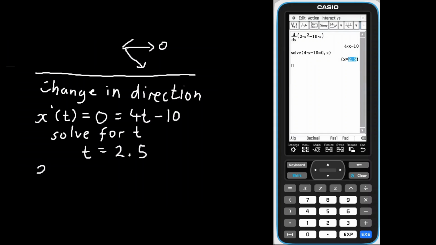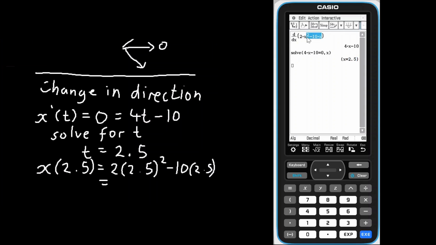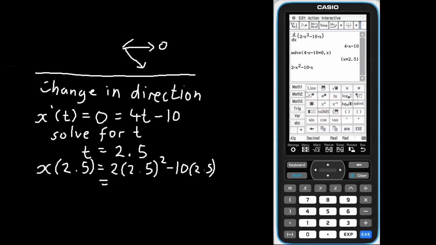And so we substitute it back into the original equation. That will give us 2.5 squared, and then minus 10 times this. We can just use our calculator again. You can highlight it down here and say keyboard if you want to get fancy.